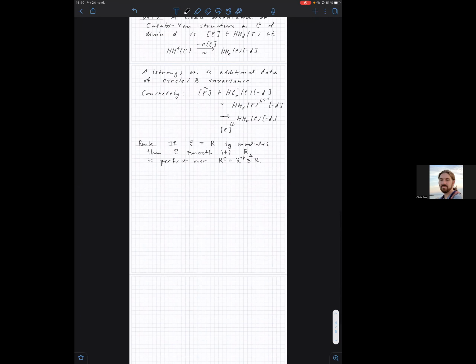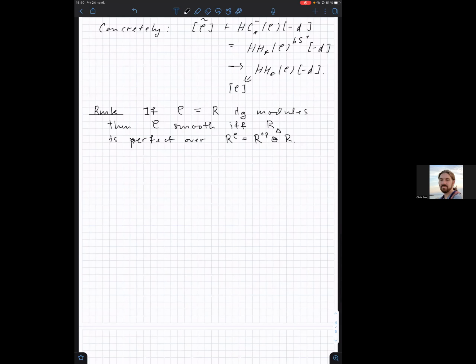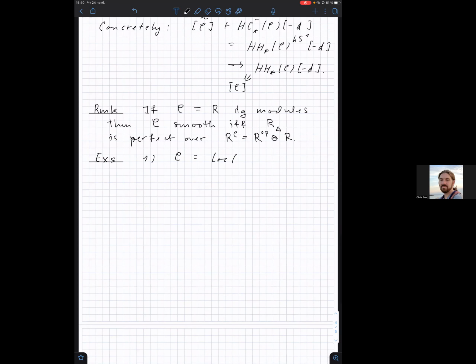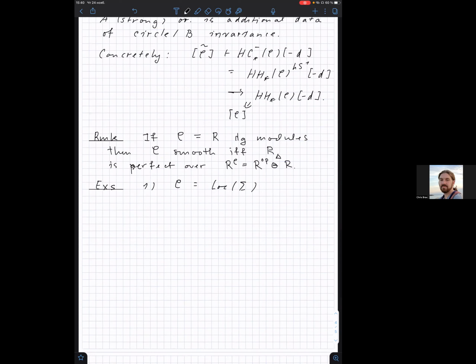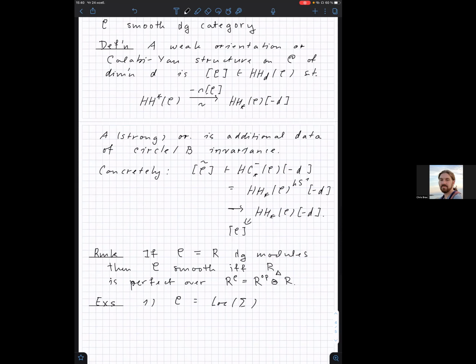So let me give just a bunch of examples which are of interest. There are higher dimensional examples, but let me focus on the two-dimensional examples. So the first example was C is local systems on this closed oriented surface. And then where does this Hochschild class come from?